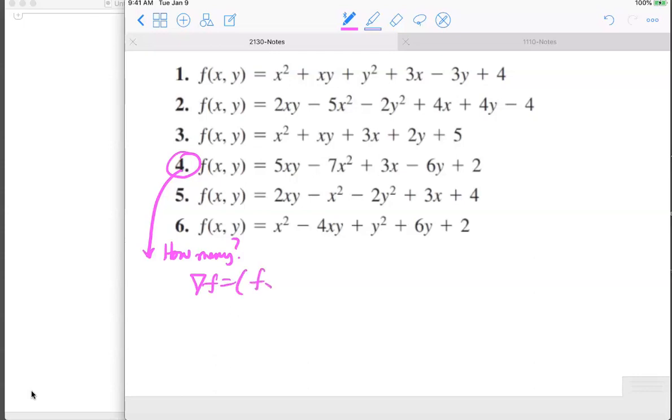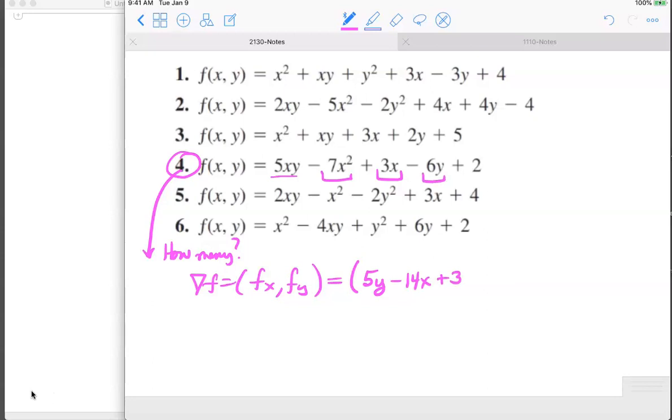We know it's going to be the vector of first partial derivatives. So the partial with respect to x means y is a constant, so you'll get 5y from this term. This term, partial with respect to x, minus 14x. Partial with respect to x is 3. Partial with respect to x is 0.